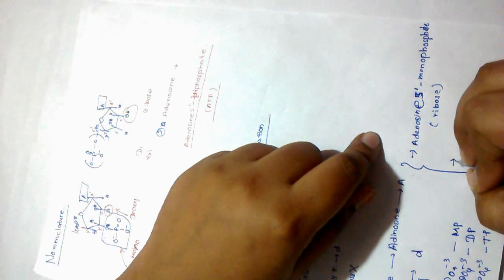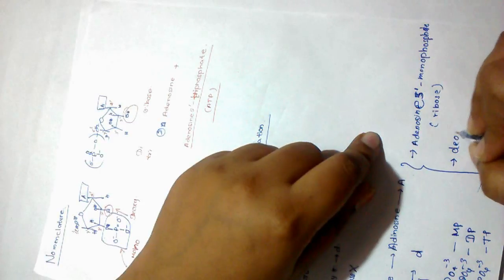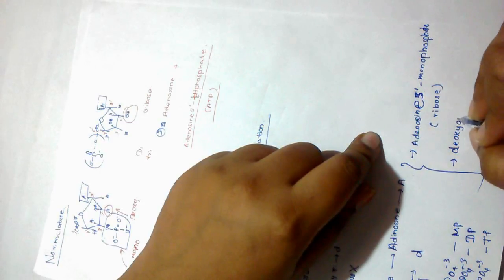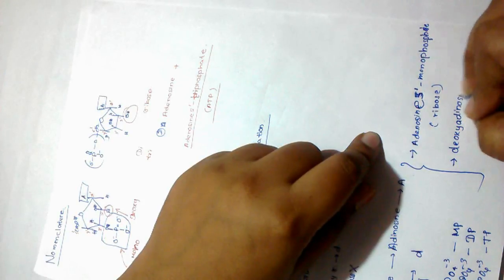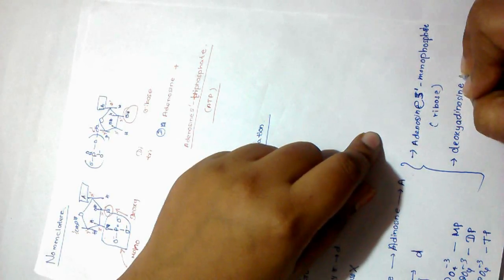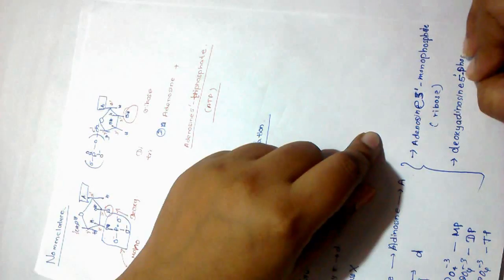In here, this is a ribose. See, this is for ribose sugar. So, we can write this for a deoxyribose sugar like this: deoxyadenosine 5-phosphate.